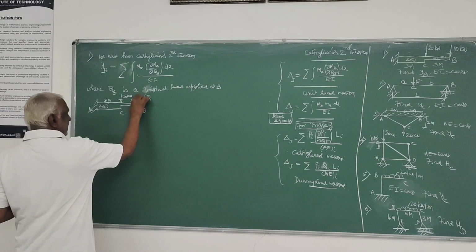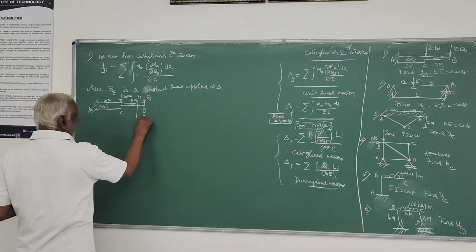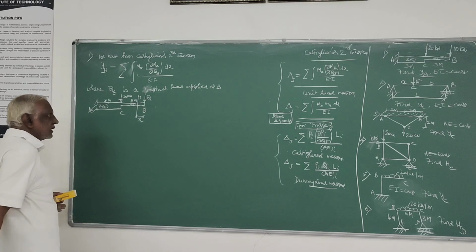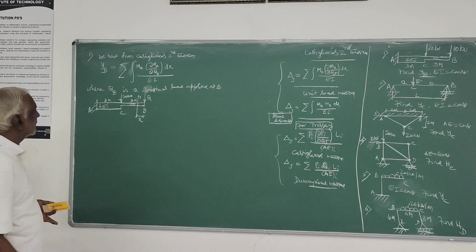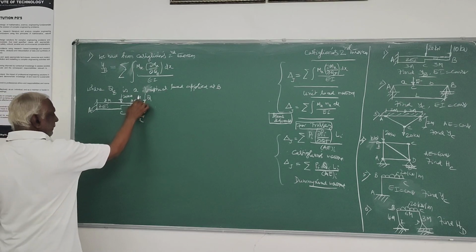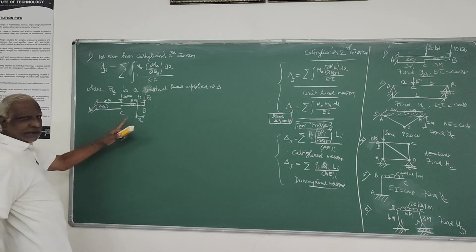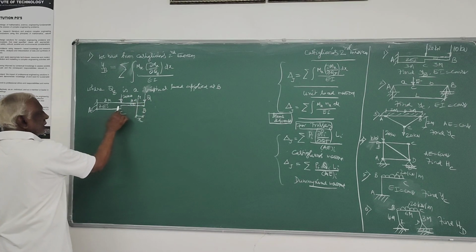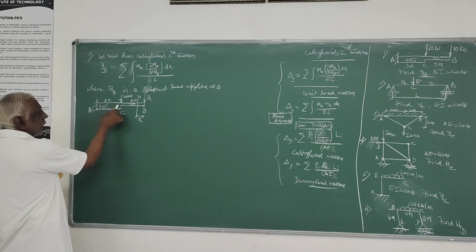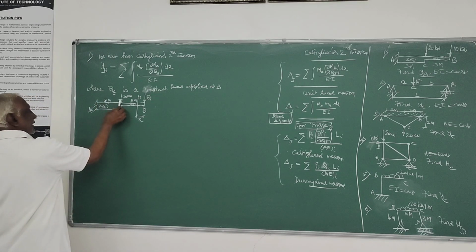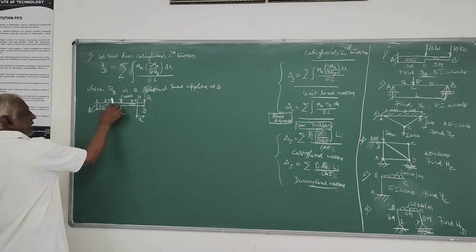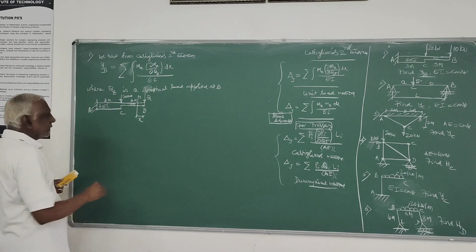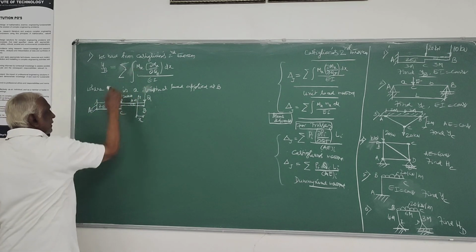Now, I have to find out moment at various sections all along the beam. First, I will take a section x1. I will measure the distance x from right end. Then this moment about this section is valid from x equal to 0 to x equal to 3, that's at point C. Once point C is crossed, this load will come into picture. Naturally, the moment Mx will change.